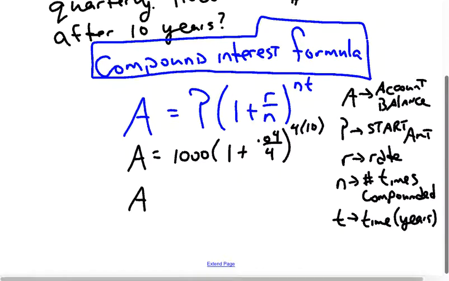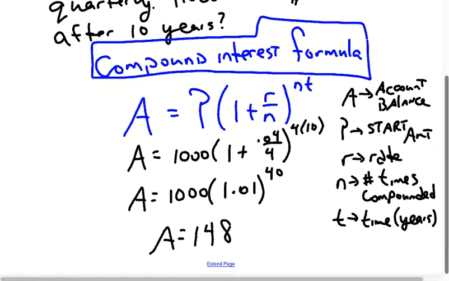If you want to simplify it just a little bit first, we got 1,000. This is going to become 1.01 when you work that inside out there to the 40th power. And that means after 10 years, your account will now have $1,488.86.